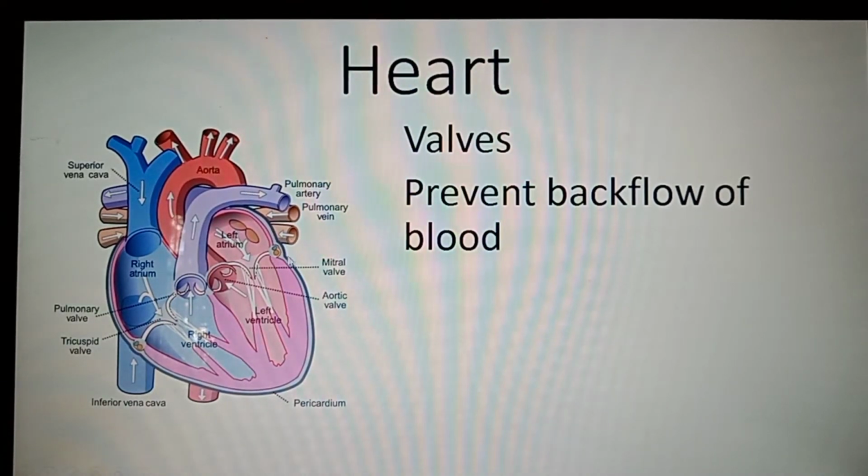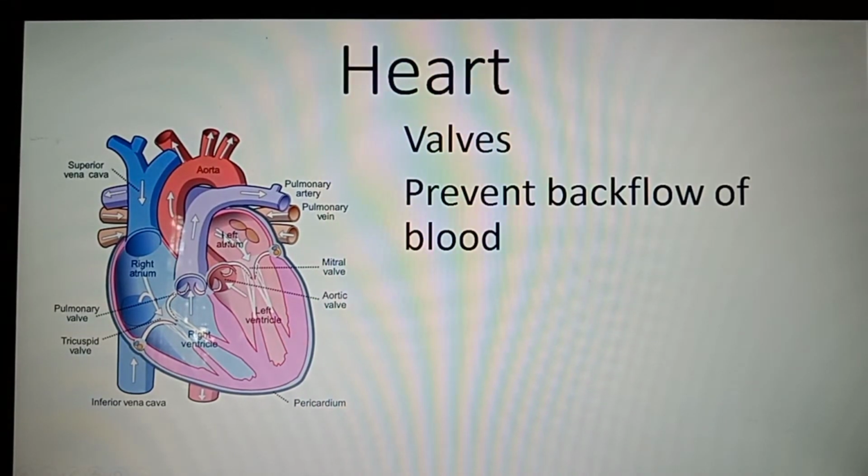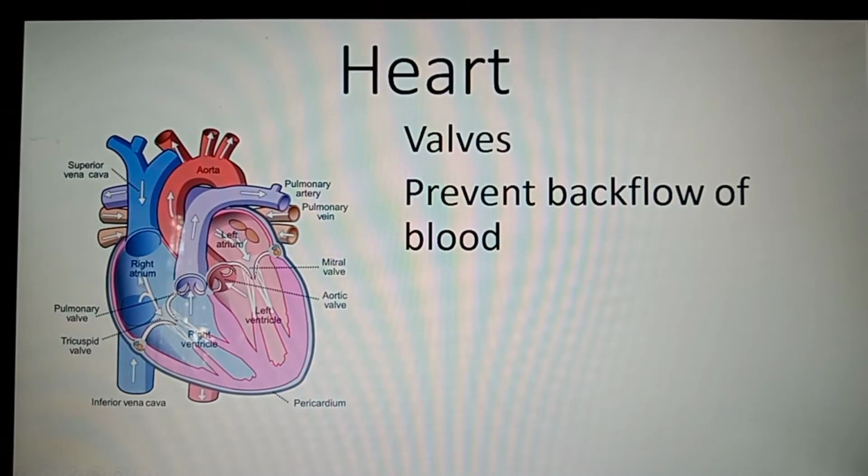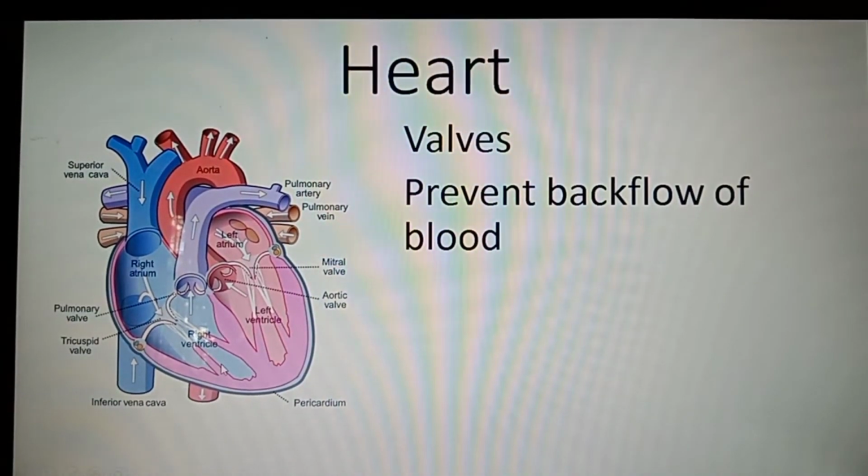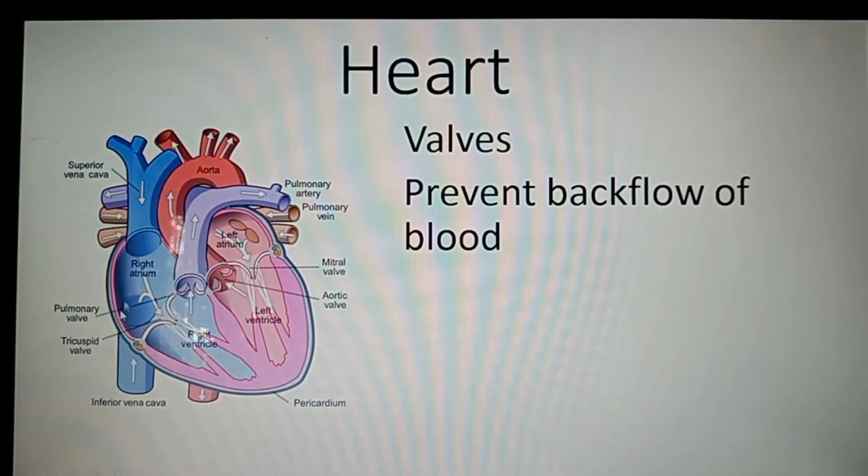That's why with the mitral valve here, when blood goes to the left ventricle, it should not go back to the left atrium. When blood enters the right ventricle, it should not go back to the right atrium, because of the tricuspid valve. So that is the purpose of our valves, to prevent backflow of blood.